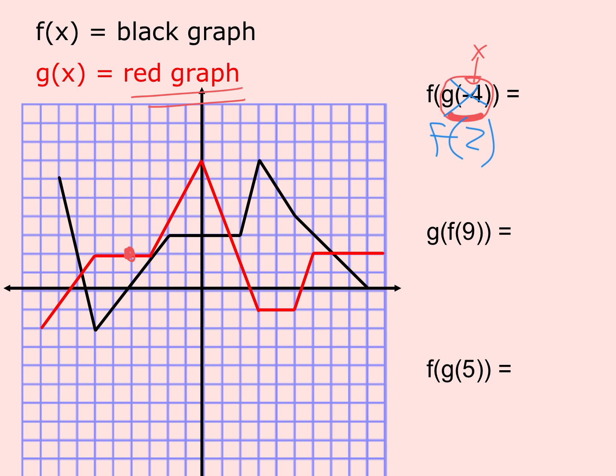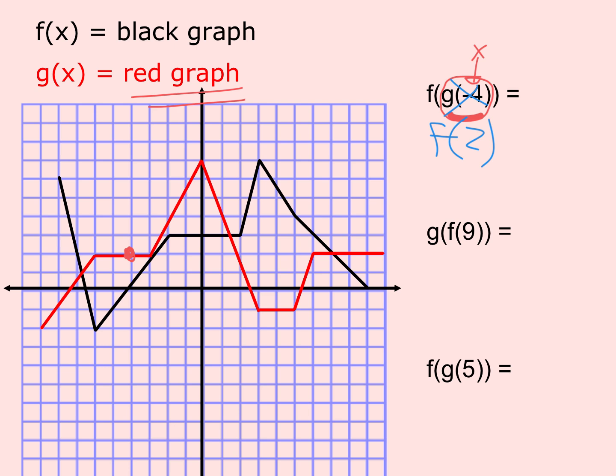F of 2. On the black graph, F of 2. X is 2. On the black line, there's only one spot where x is 2. I think it's right there. Over 2, see? That's my spot. So I'm going to label that spot.